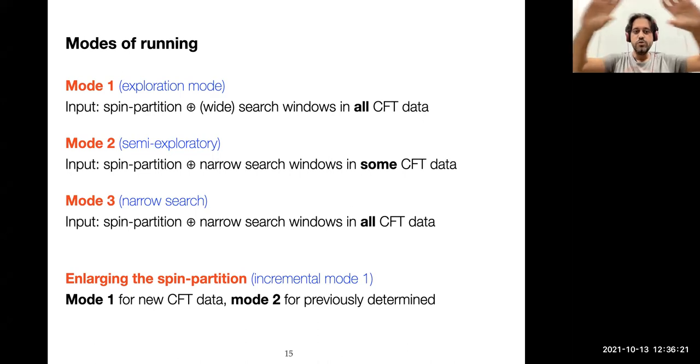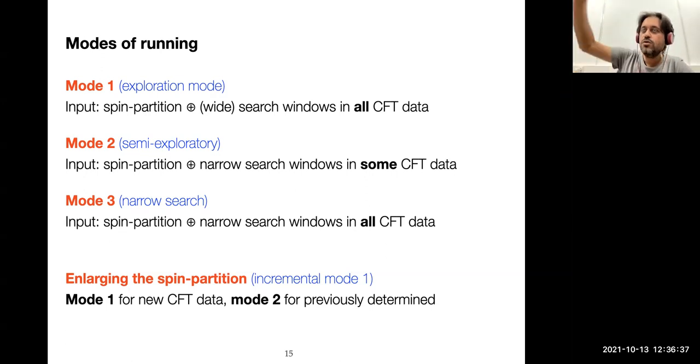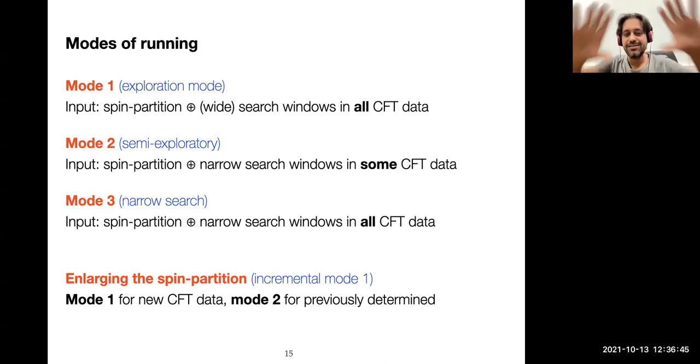You do a mode 2 run where you fix the low-lying data and you let the new operator go wherever it wants. It stabilizes somewhere, then you let everything run together. And now you have a solution with a slightly enlarged spin partition. Then you can go on incrementally to add more and more operators in this way. I find this particularly interesting because you can start by discovering the low-lying data and then gradually start building on top of that.